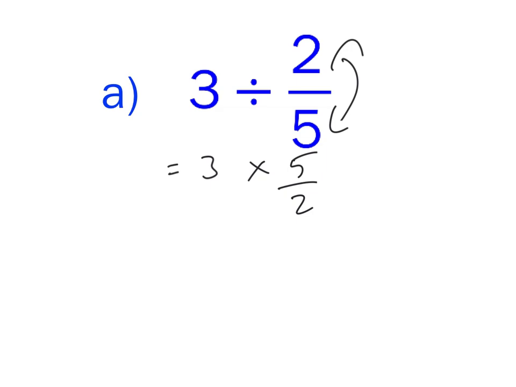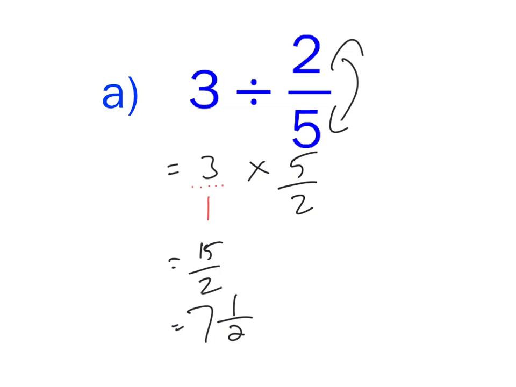Please note that the first fraction does not change, but the second fraction goes upside down. So 3 times 5/2, and remember 3 is 3/1. So what's 3 times 5/2? 15/2. How many times does 2 go into 15? 7 times. How much is left over? 1. So it's 7.5.